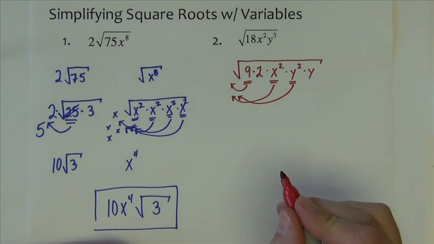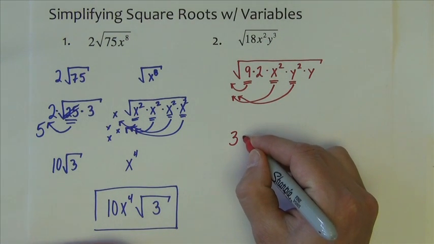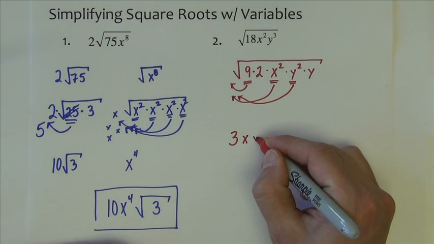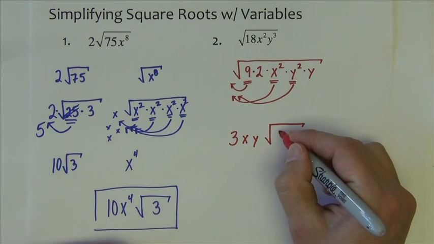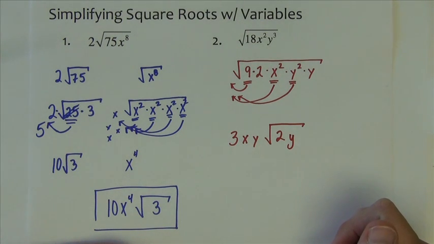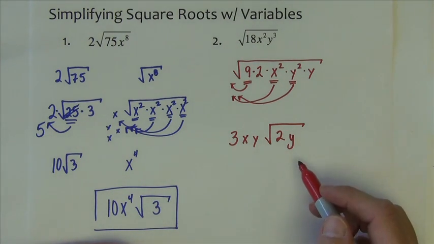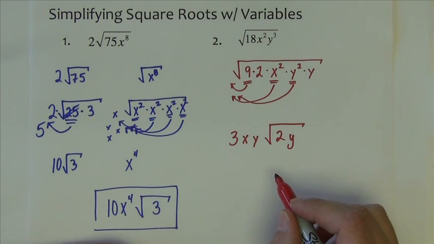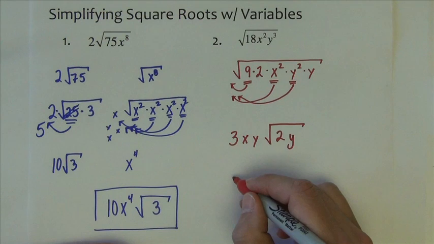And they come out again as their square roots. 9 comes out as 3, x squared comes out as x, y squared comes out as y. Underneath the square root we've got a 2 and a y left over. Now at the outset you would think that that is finished, and it's nearly finished. What I'm going to do is add one more thing to this.